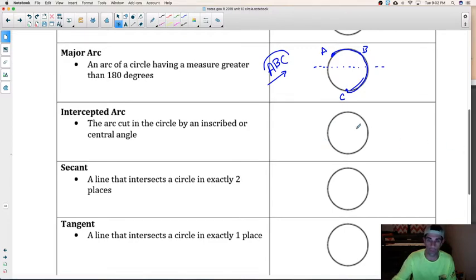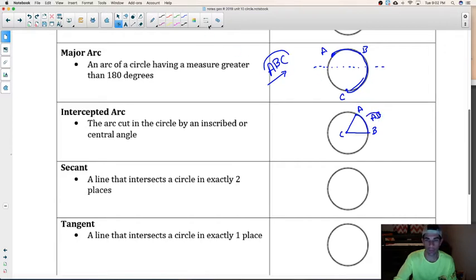All right, now you have an intercepted arc, an arc cut in the circle by an inscribed or central angle. So if I drew a central angle here, I can call it center C, angle ACB. Now, the intercepted arc, or the arc that was created, would be arc AB.